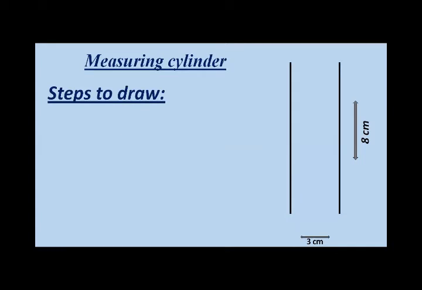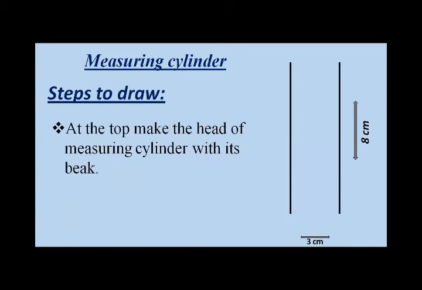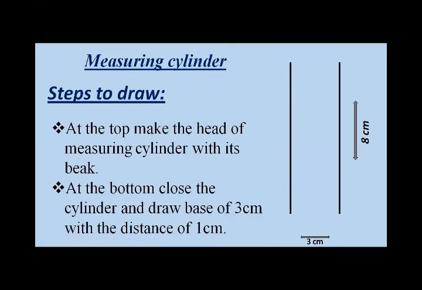Now next step, at the top make the head of the measuring cylinder with its beak. Observe carefully. At the bottom, close the cylinder and draw a base of 3 centimeters with a distance of 1 centimeter. Okay, this is the head, and the bottom is closed by a line, and then you draw a beak like this.